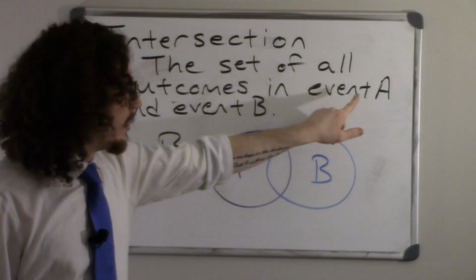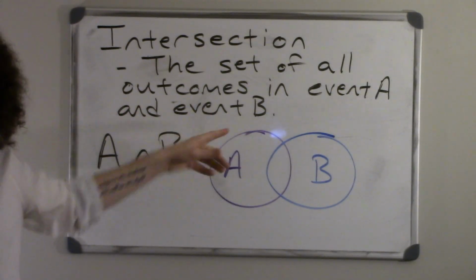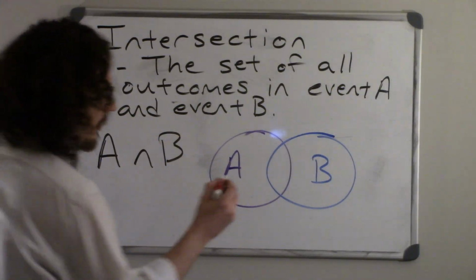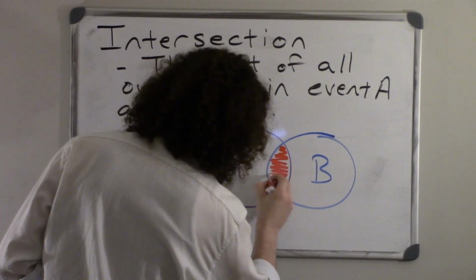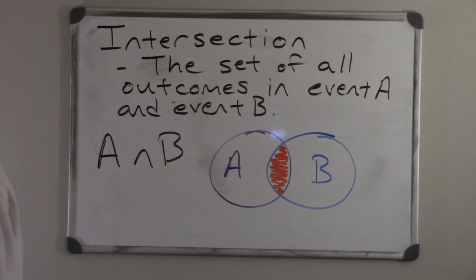We're only counting the outcomes that are in event A and event B, so they have to be in both of them at the same time. So for this, we will just look at our little overlap here. That would be our intersection.